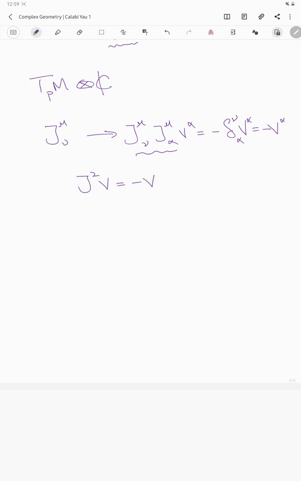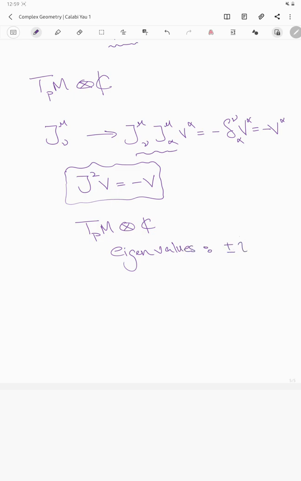So what I have done over here is, if you look at this, we can say that the eigenvalues of J on V in this space, that is T_P M tensor product with the complex space, are plus minus iota.